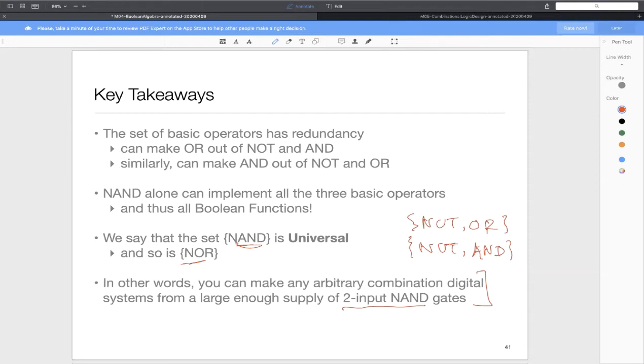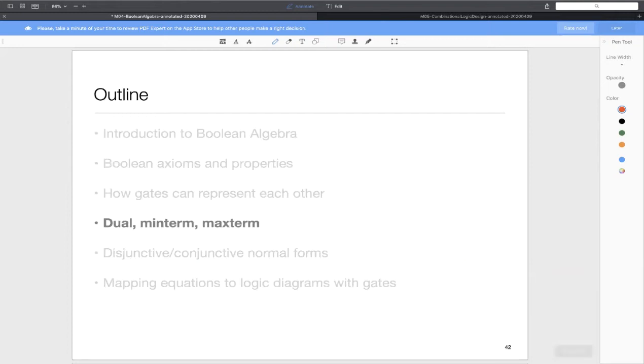All I need is a NAND operator with 2 inputs, because then I can implement NOT and OR out of it. And therefore, all of Boolean algebra, and as a consequence, all of computation, all of mathematics, anything which is computable can be done using a supply of 2-input NAND gates. Now, that doesn't mean you're going to do it that way. It's not a very efficient way of designing things, but one could in principle.